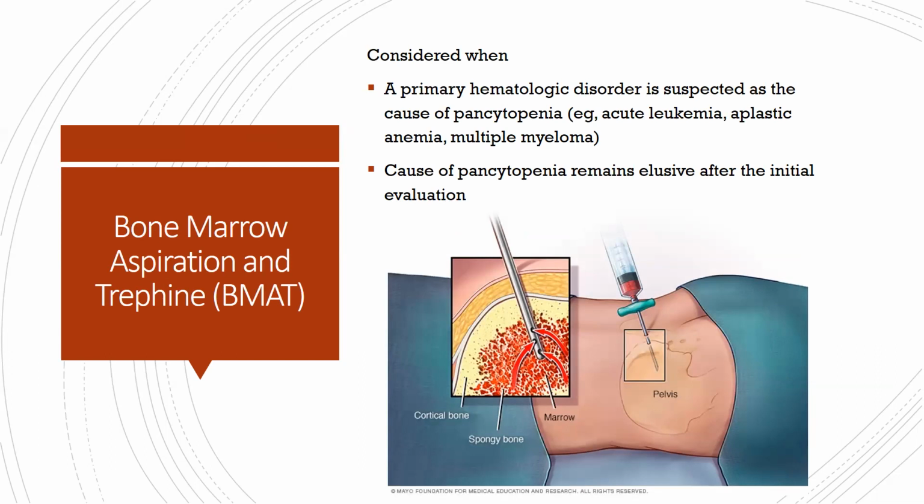But it's not really recommended if we can't really find any cause, if the cause is actually from peripheral consumption causes. So we do the BMAT. Usually we put a needle around the posterior or anterior iliac crest, and then we aspirate the bone marrow and send for some tests.